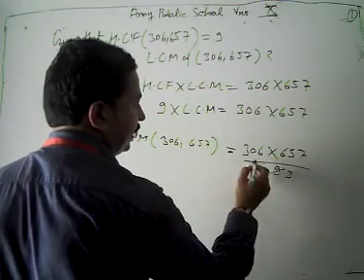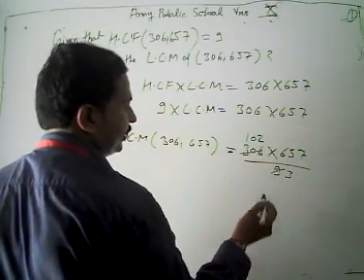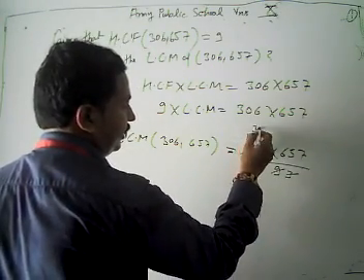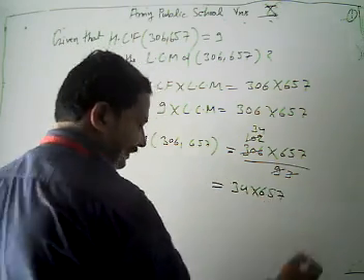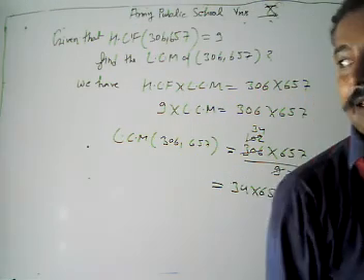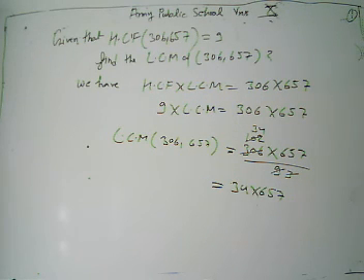306 divided by 9 is 34. Then we have 34 into 657. We have to multiply 657 into 34.